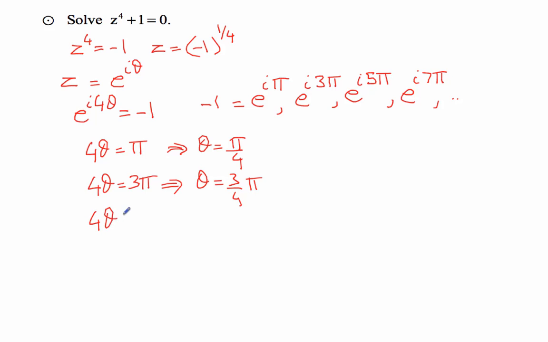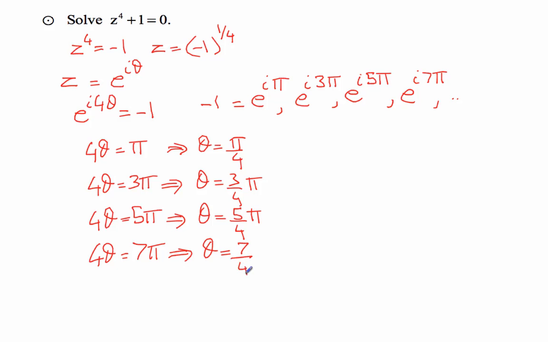Take the third one, and this gives us theta is 5/4 pi. And finally, 4 theta equals 7 pi, which means theta would be 7/4 pi. If we took over here 9 pi, then 4 theta would be 9 pi, but then theta would be 2 pi plus pi by 4, and that would not give us anything new.